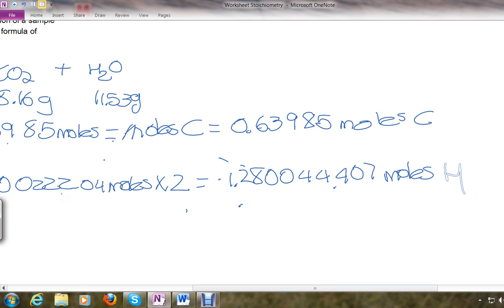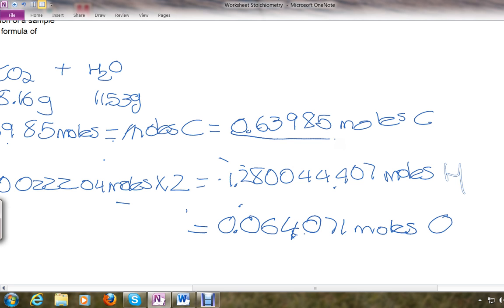So the moles of oxygen would be 0.064071 moles. So now we divide by the smallest one, the oxygen moles, because that's the smallest one.